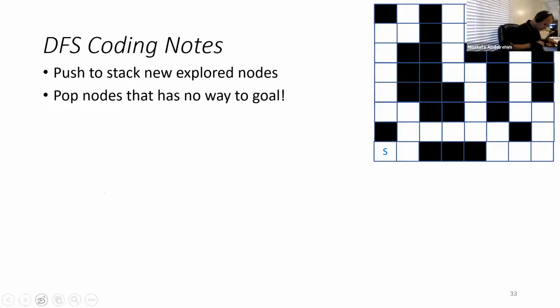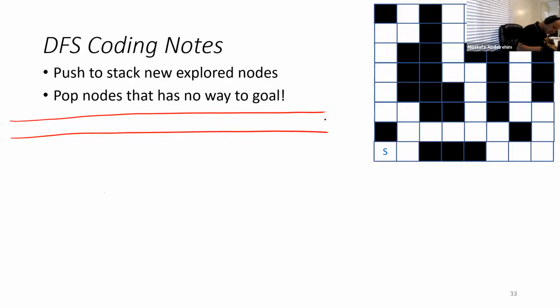So let's change this color to red, for example. So we will have a stack. This is our stack, and we start to fill it and read what's on the top of the stack and try to explore it.